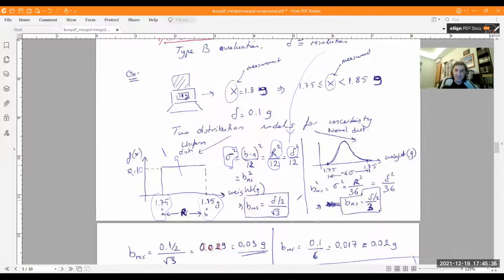So here, this is how we deal with the whole thing. This variance is going to be the square of the bias here. So we are going to call it bias due to resolution squared, which is equal to the variance of this distribution. Now, by the way, different sources from the internet and different books may use slightly different definitions here. Some of them use confidence intervals for bias.